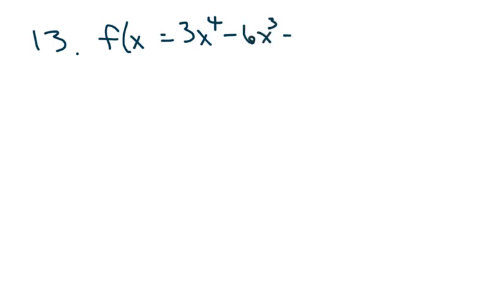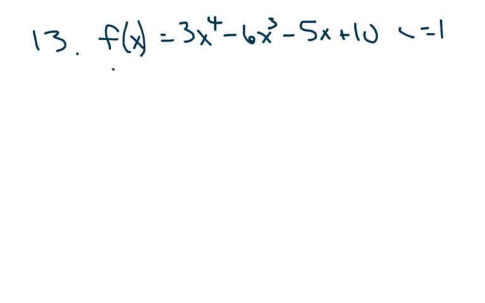Alright, number 13, we have f of x equals 3x to the 4th minus 6x cubed minus 5x plus 10, and our c equals 1.